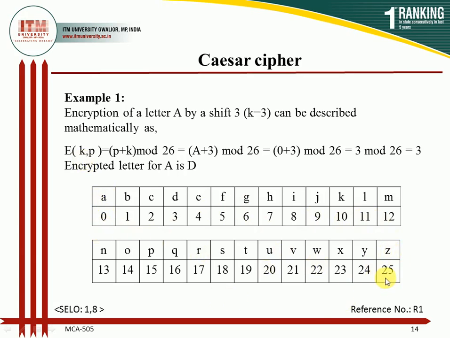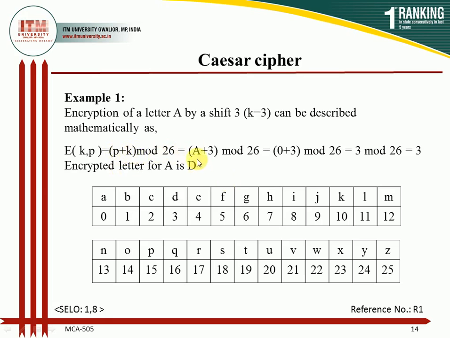That's why we have used mod 26 here. It will be clearer when we solve more numericals why we need this mod 26 after the summation. If you are not able to understand why we always use mod 26, it will be clear later.